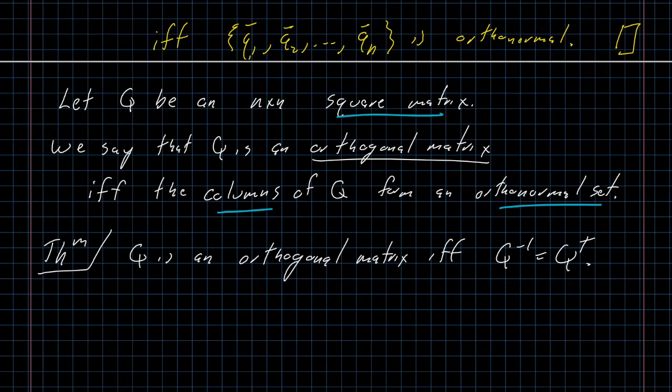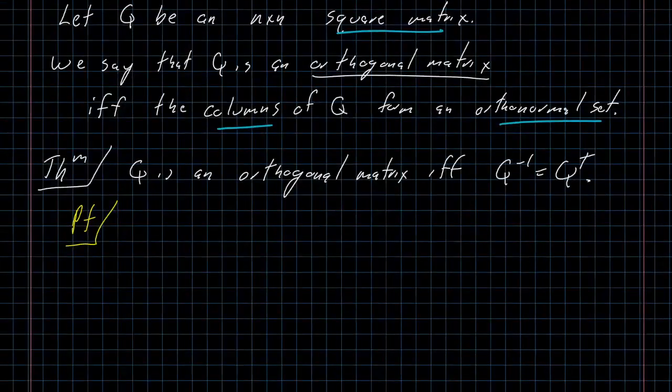First property, Q is an orthogonal matrix if and only if Q inverse is equal to Q transpose. This is, again, an if and only if statement, so we have to be careful to prove it in both directions. Or we could use a series of if and only if statements.